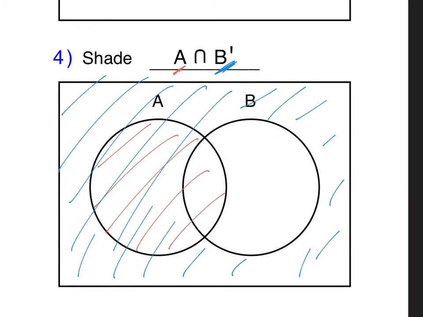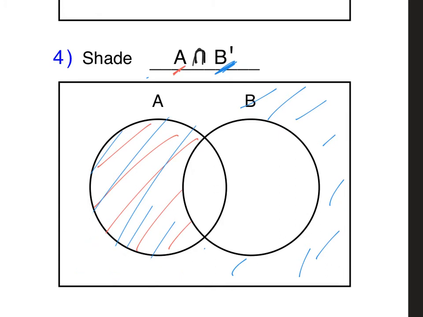And since we're dealing with the AND operator, so the intersect operator, we only want the regions that were shaded twice. So this intersection in the center was shaded with the expression on the left, and all of this shaded region that is not in set A, not in set B, well, that was shaded based on the expression on the right of the AND operator, but not on the left.